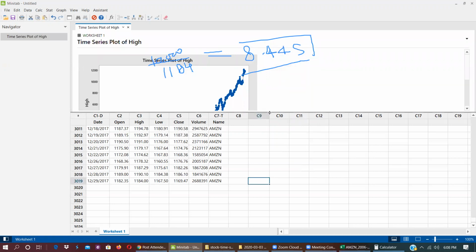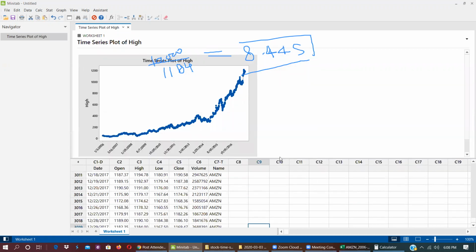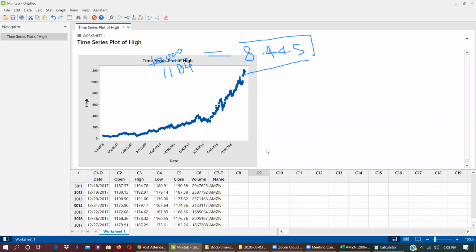So look into this data. If you see the pattern of the time series plot, it started growing, and now it is skyrocketing. So basically, this is an exponential plot.